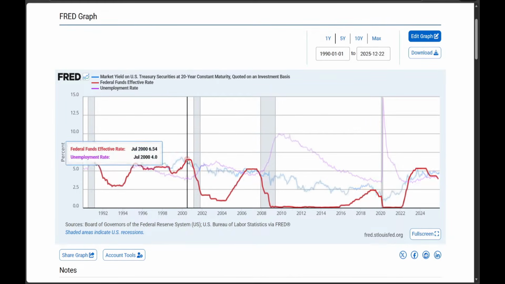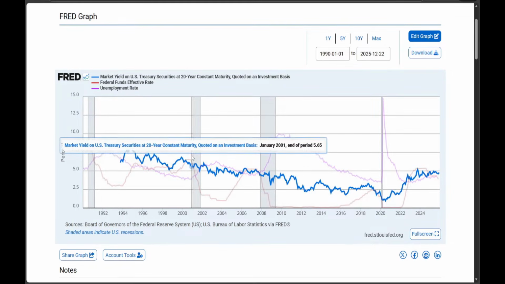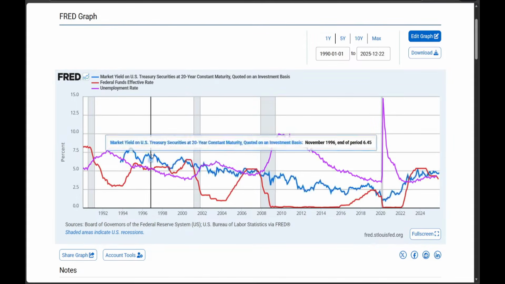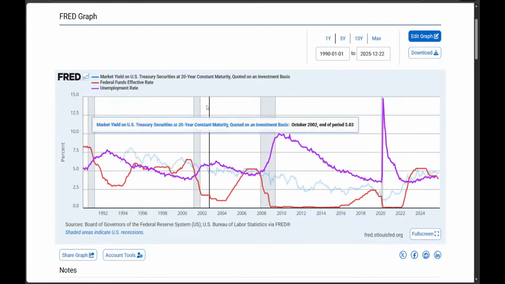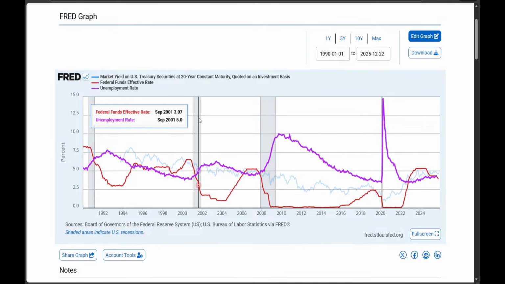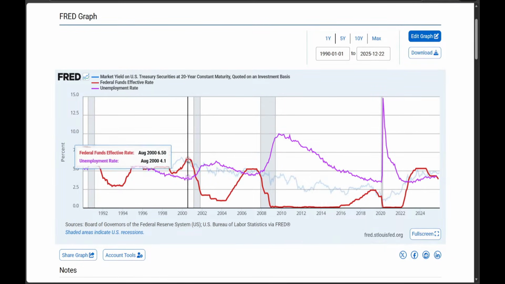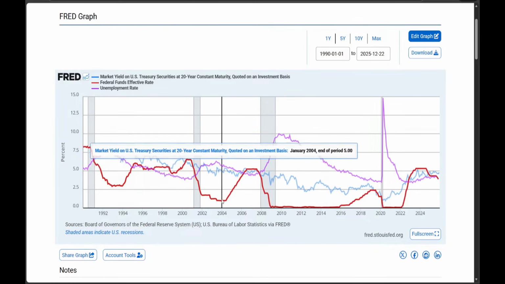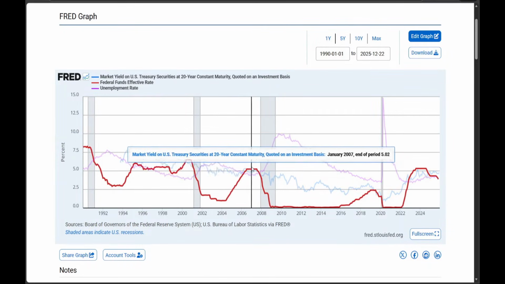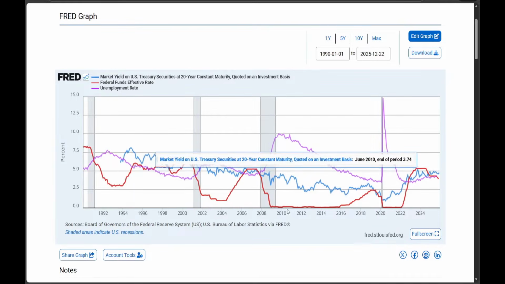And after the Fed finds their neutral grounding, they never really pause and then start increasing rates again. It's always find that neutral ground where it really just breaks everything, and then go to zero. Find a neutral ground where it breaks everything, go to zero.